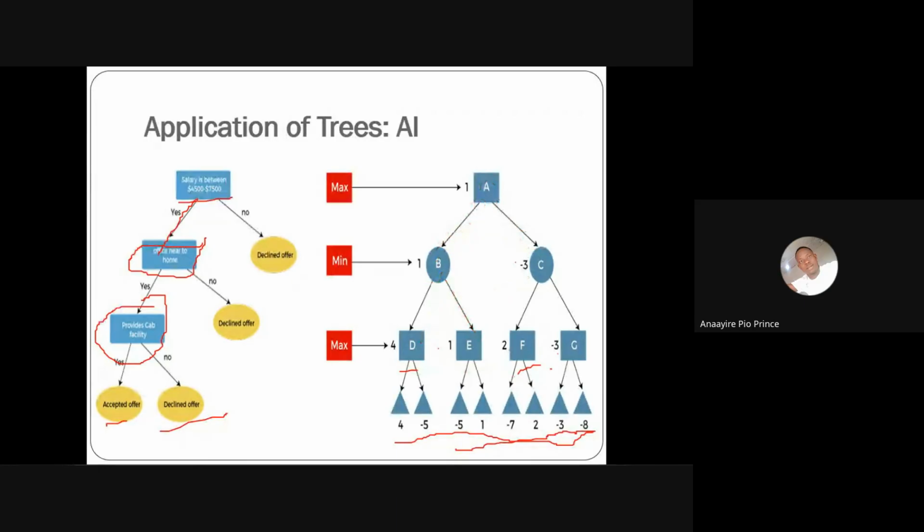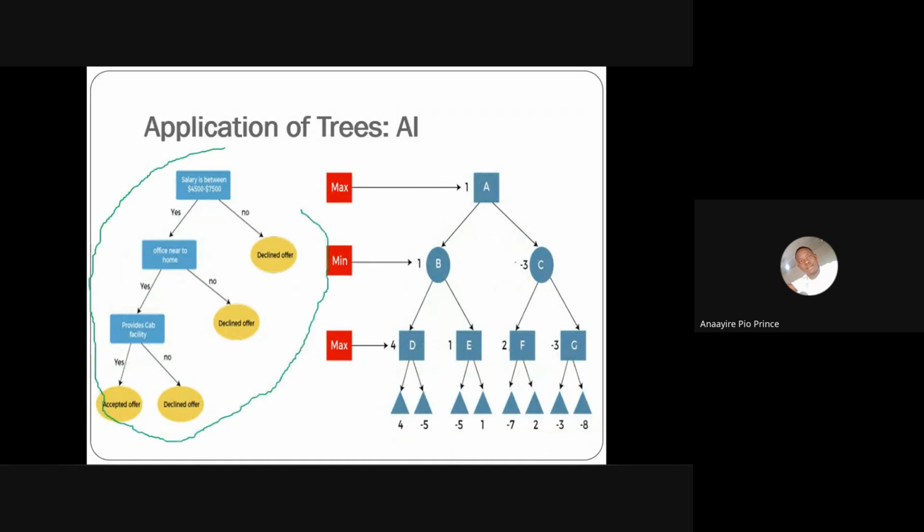All right. The diagram at your left hand side, from my side, the first one says the salary between this. Assuming you want a job, you have conditions that you need before you will accept the job from any company. The first condition is that the salary should be between the amount over there.